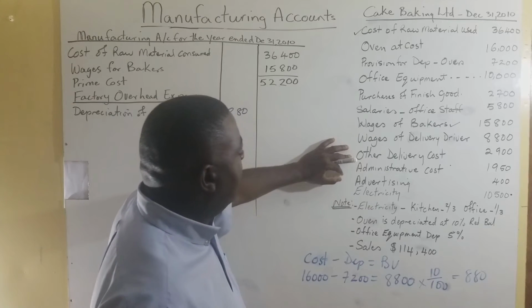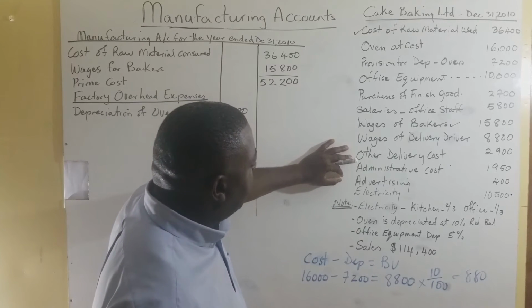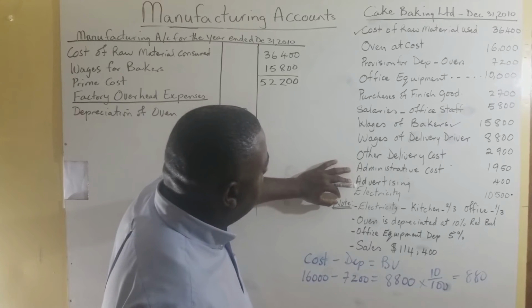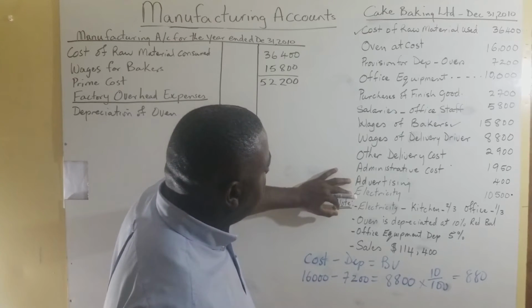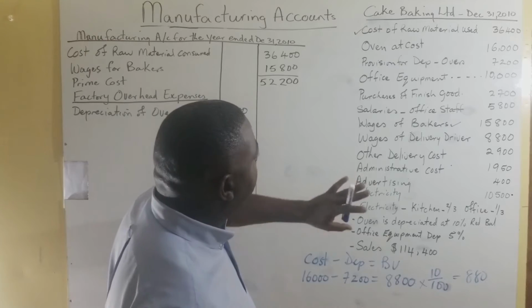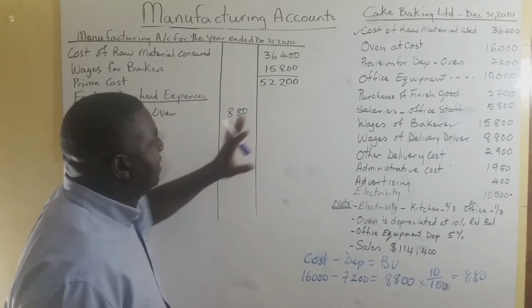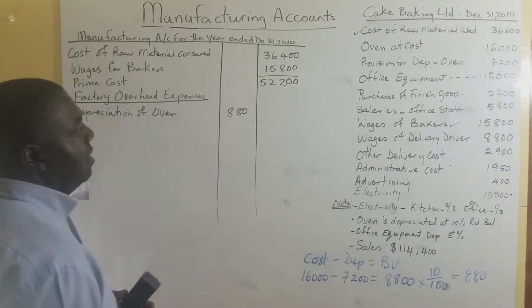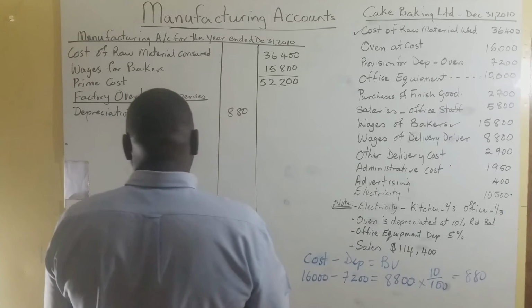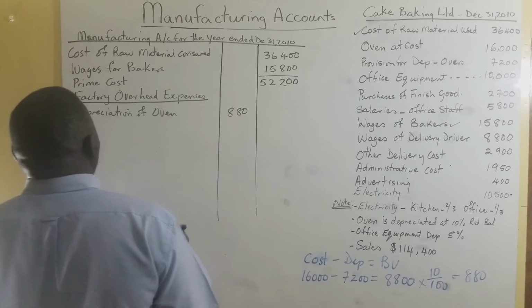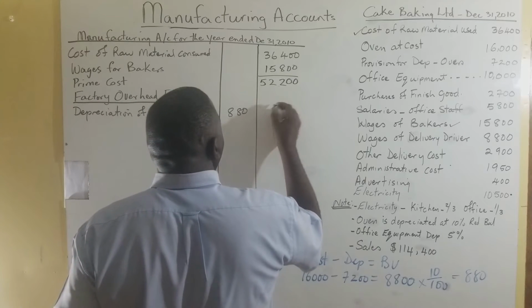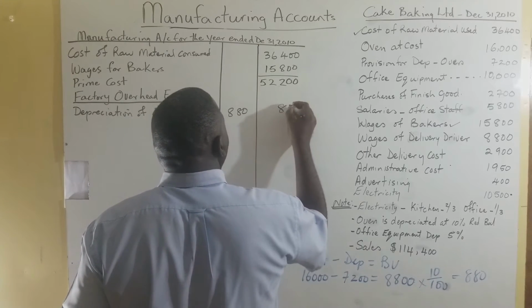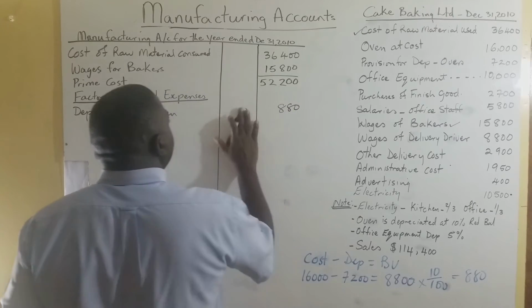We're not using it here either. This has to do with the other location, administrative, advertising, electricity. So far, there are no other item that is there for the factory overhead, save the depreciation of oven. We can transfer this figure over here, so we can work with it.